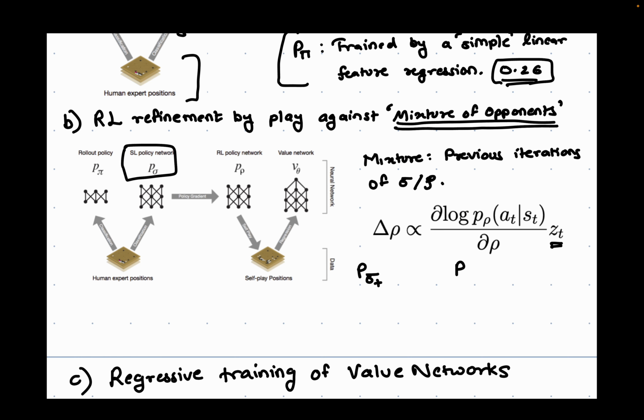Let's call this sigma update, and here you randomly select one among sigma and sigma update. You do the same thing again, update this to P sigma plus, and here you sample among P sigma plus and P sigma plus plus. This sampling is done because if you keep updating both, there is a chance that you will run into a meaningless deadlock where you have the same policies overfitting each other without any meaningful exploration.